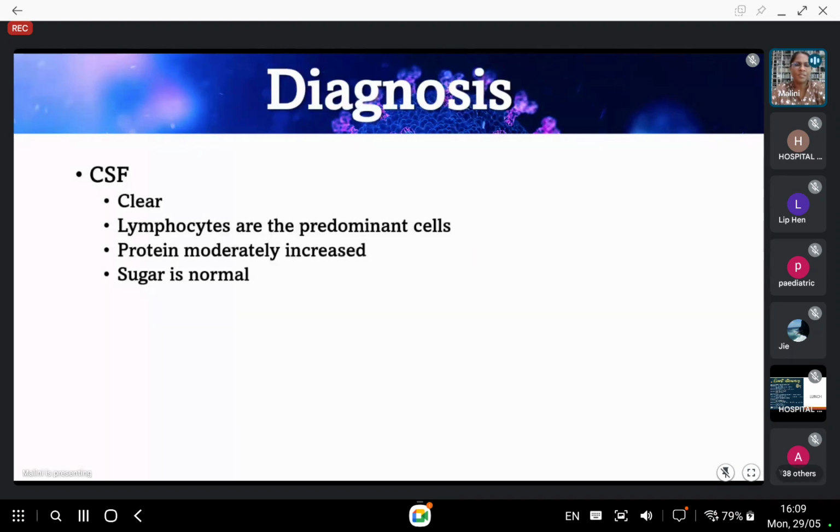CSF is usually clear, with more lymphocytes, moderately elevated protein and normal sugar.